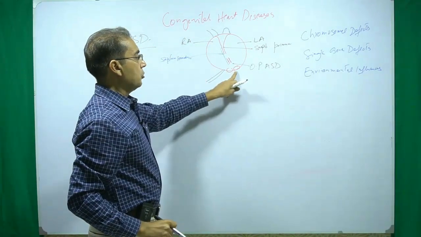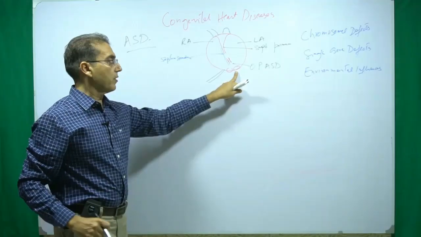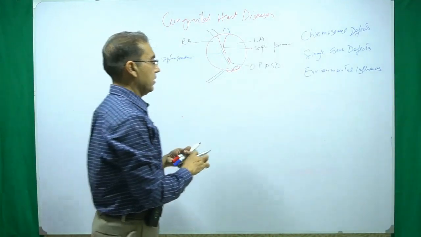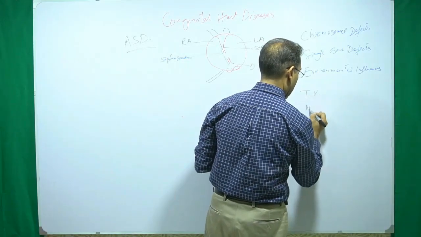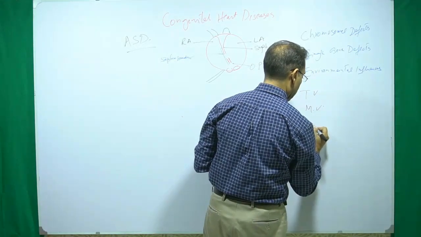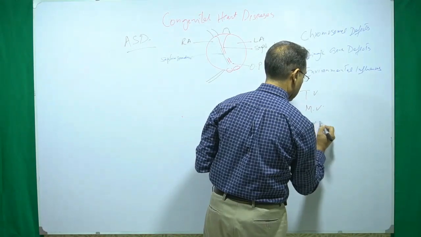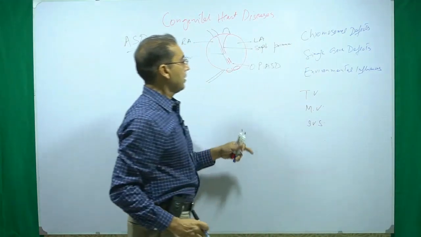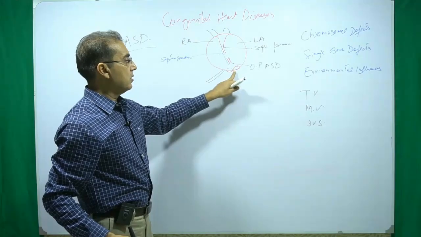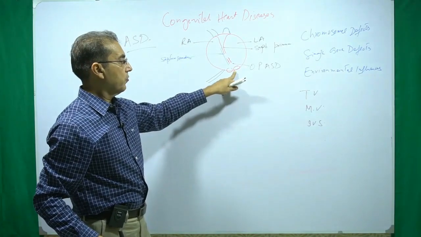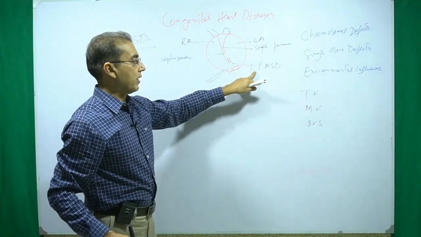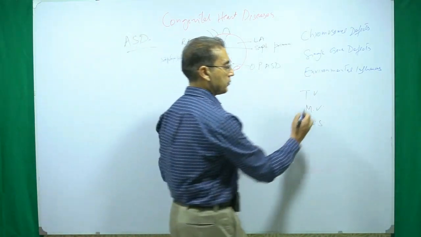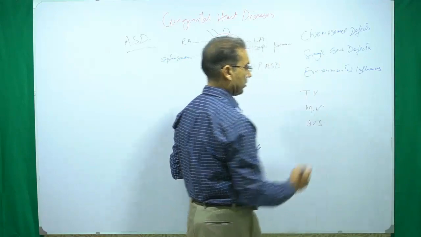Since these endocardial cushions are also involved in the development of tricuspid valve, mitral valve, and interventricular septums, the problem in these cushions, in which there is a hole left as ostium primum defect, there may be problem in the tricuspid valve, mitral valve, and the interventricular septum.